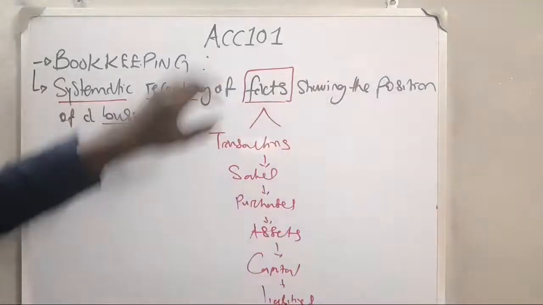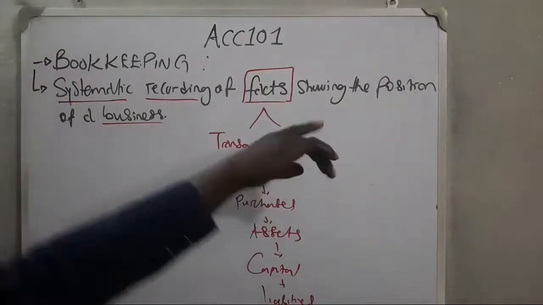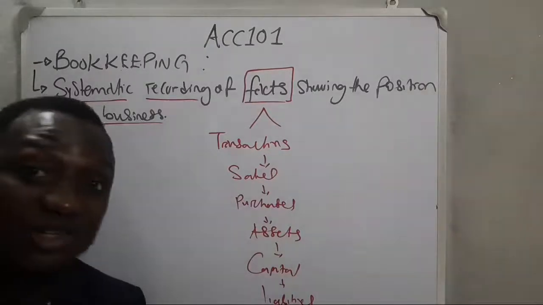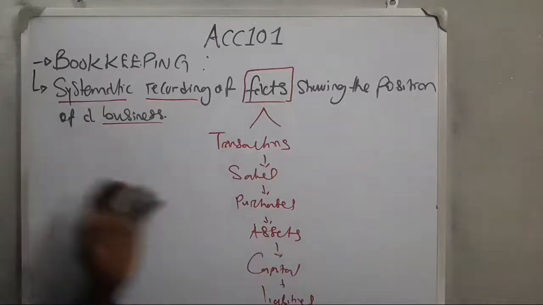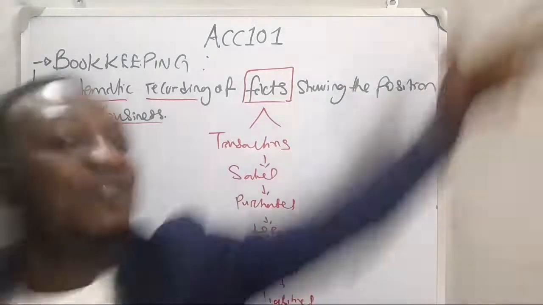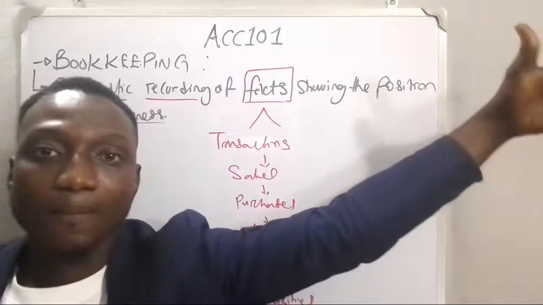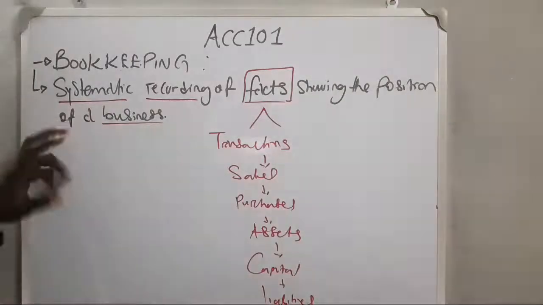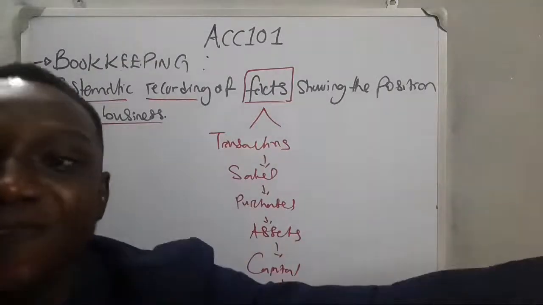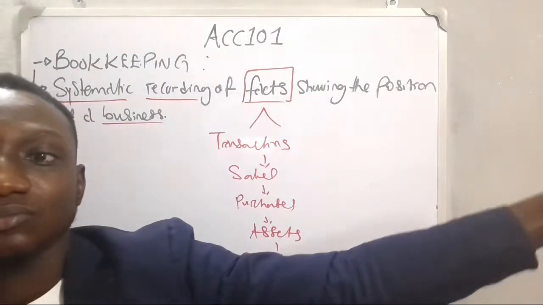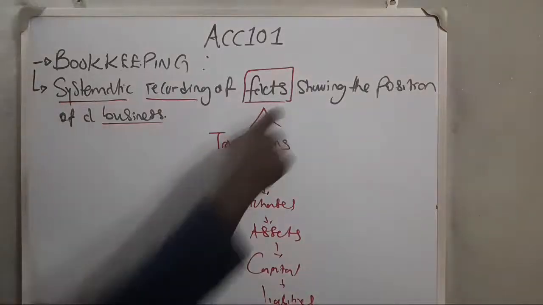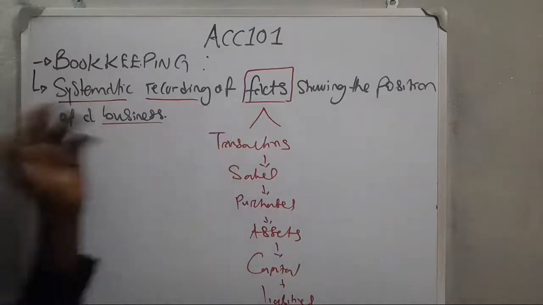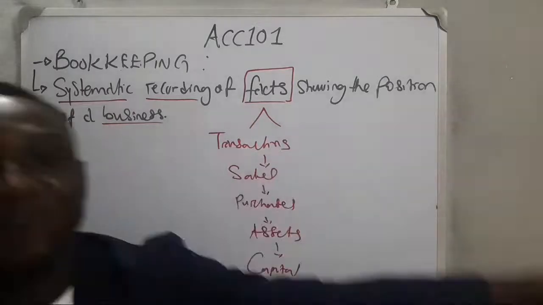All these facts put together determine the position of an organization. Meaning, will this business survive the next 6 months? You can determine that based on the systematically recorded facts. And it is upon these facts that financial decisions are made.